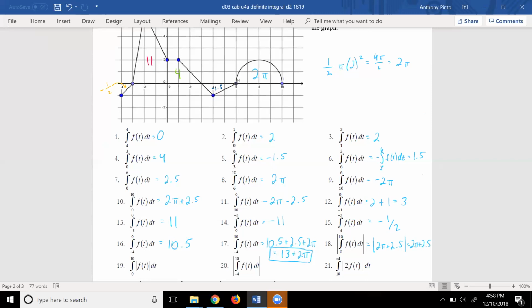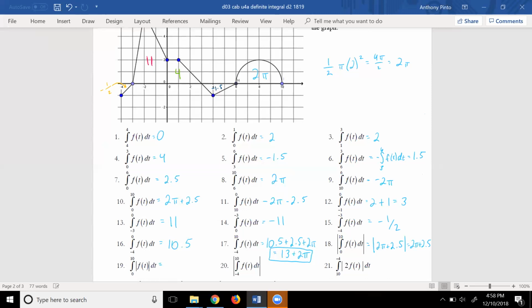This is the integral of the absolute value of f of t. Now notice that this is written slightly different from number 18. In number 18, we're taking the absolute value of the entire integral. In number 19, we're just taking the absolute value of f of t. So what that means is that anything that was once negative now becomes positive.